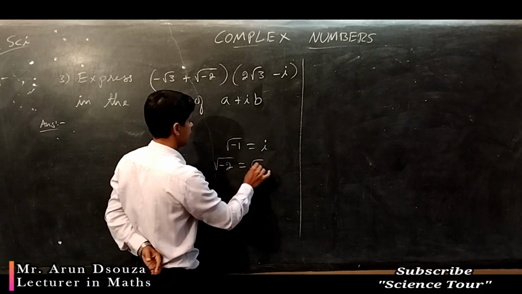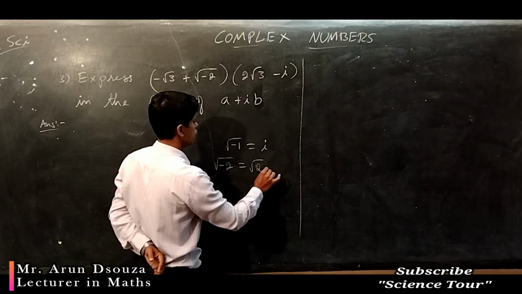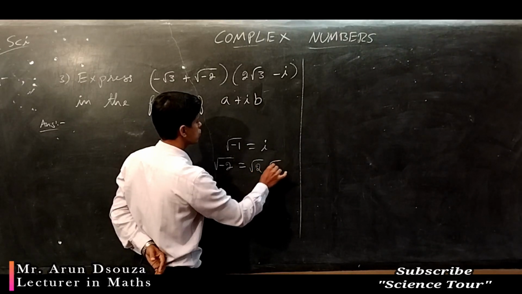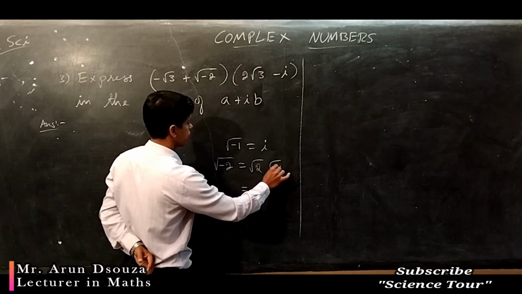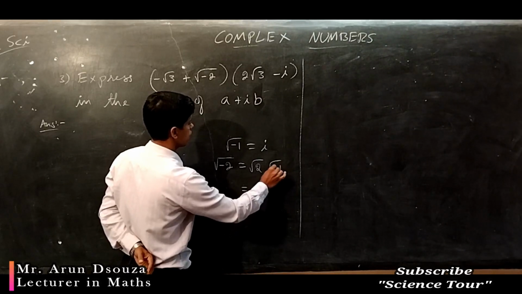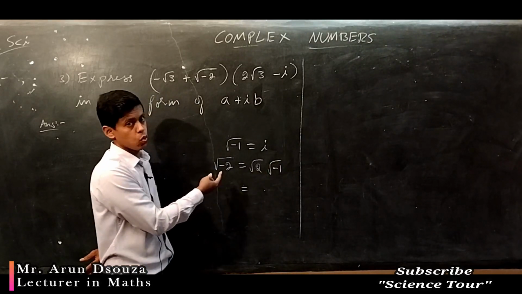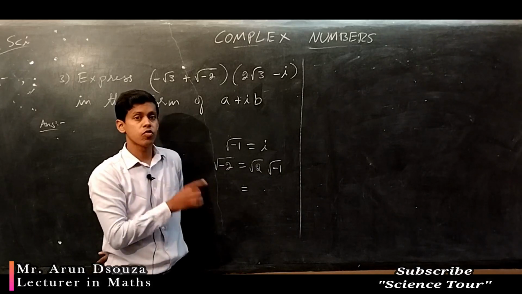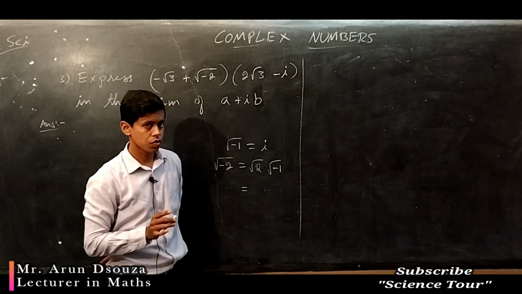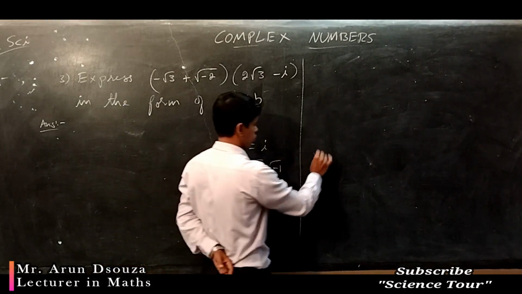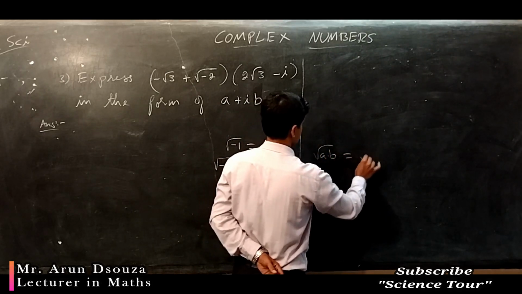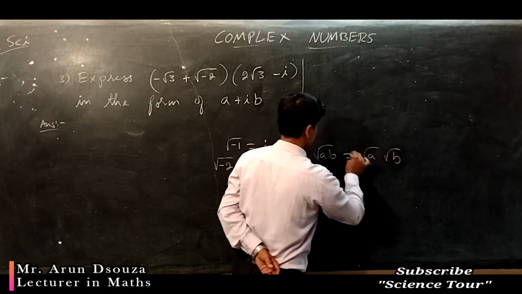You will write square root of 2 into square root of minus 1, is it not? Now can you write it this way? Yes, because one is positive, the other is negative. If both are negative, we cannot write it this way. Okay, so remember, if both are negative, then this is not equal.